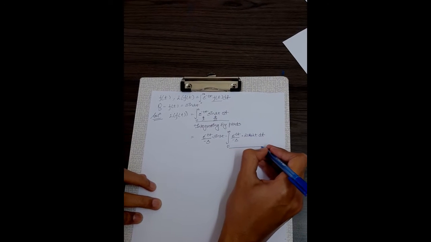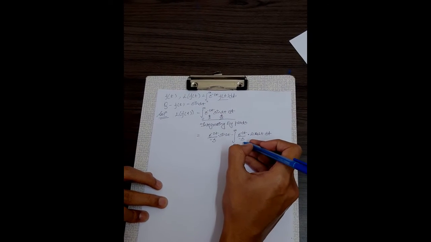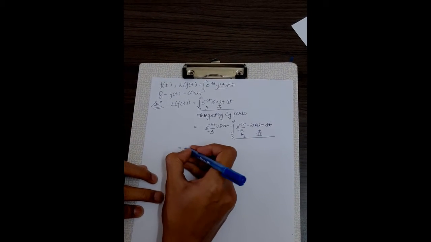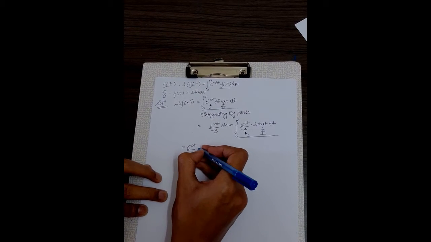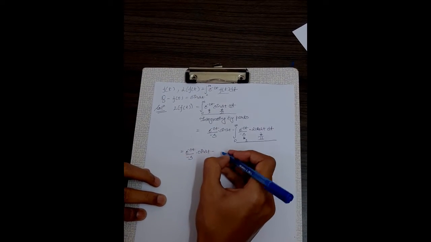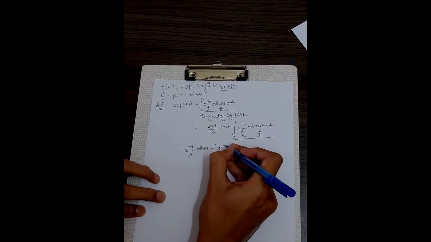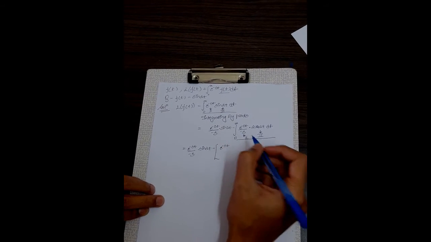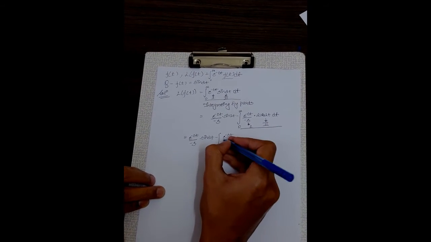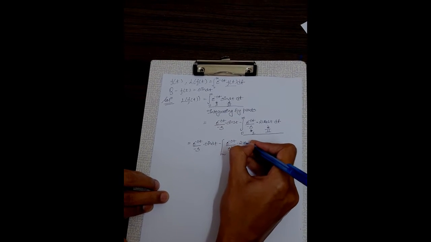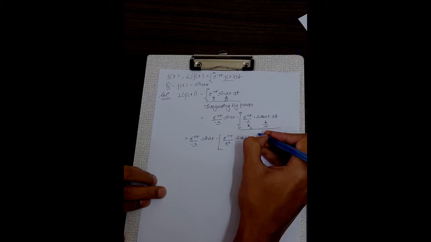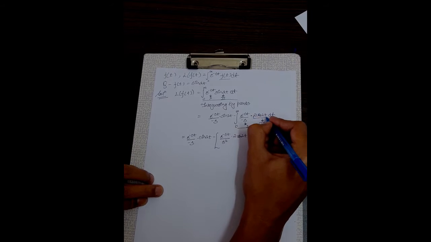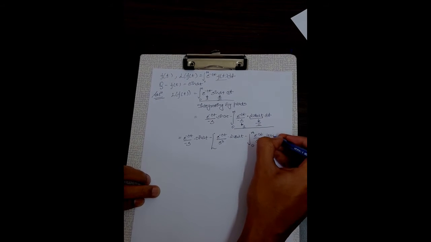Now again, this part of the equation would be solved by integrating by parts, where we treat this as first and this as second. On further solving, we get e to the power minus st upon minus s times sin 2t, minus e to the power minus st, and when we integrate this first part, we get minus and minus s, both in the denominator, that would give s square times 2 cos 2t, minus the integration from 0 to infinity of e to the power minus st upon s square, and then we differentiate this part, that would get us 4 sin 2t.